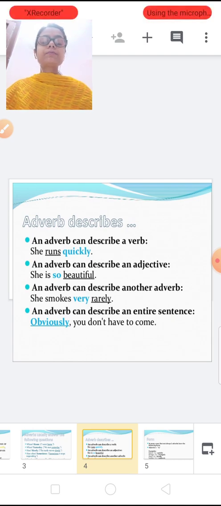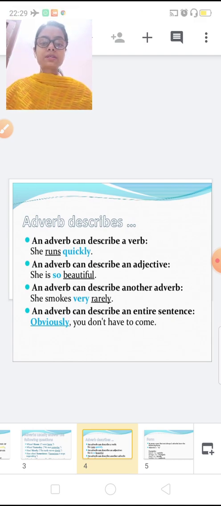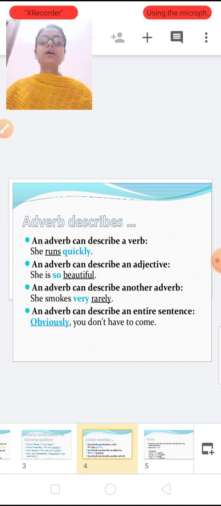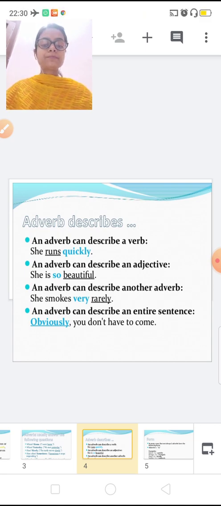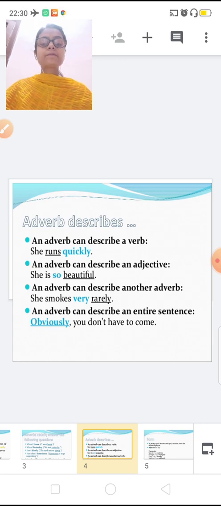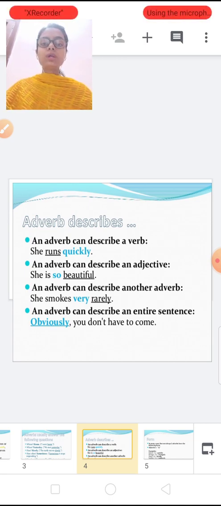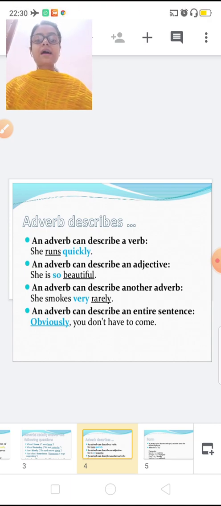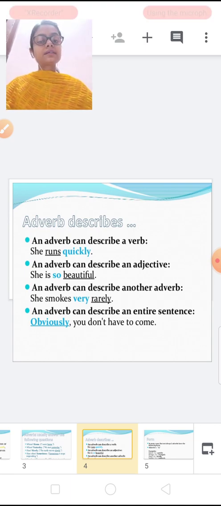Now, adverb also describes a verb. As I told you in the starting, in the definition, that adverb also describes verb, adjective, another adverb, or entire sentence. So let's bifurcate the definition, and one by one let's see that in sentence.